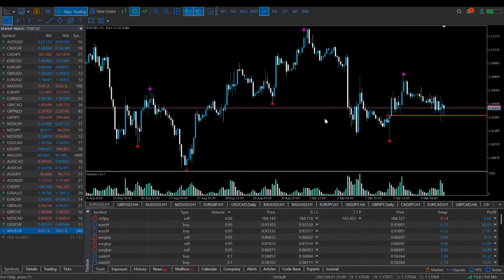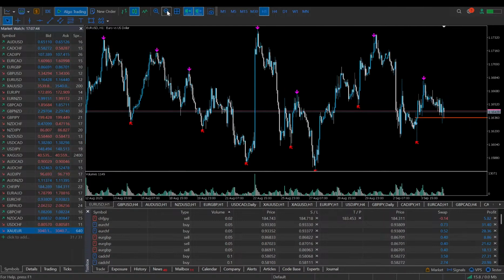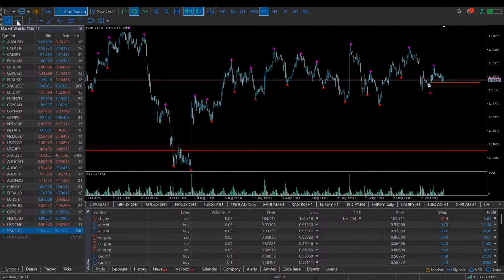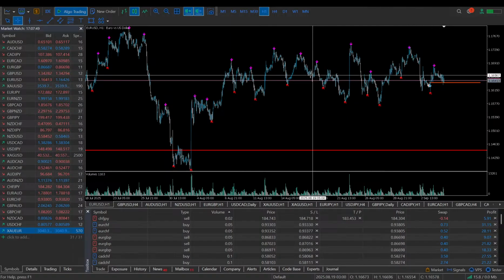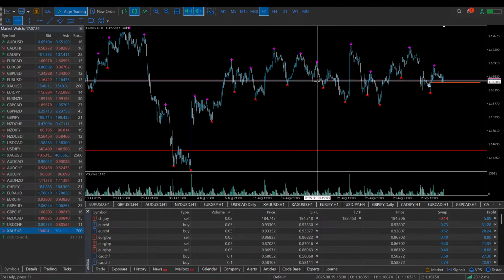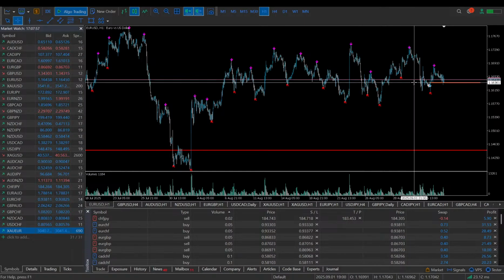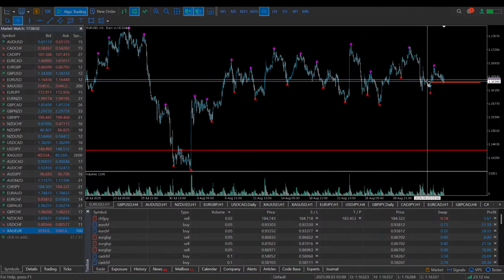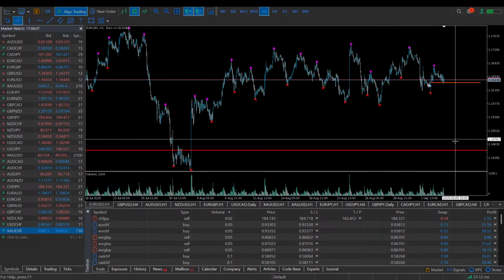See that? Now that is the area where, look at it, price has been reversing from there a couple of times. When price reverses, we get a sell. When price reverses the other way, we get a buy. So now price is around that area again, which may likely be a sell trade, and that is why we should be looking for a sell trade.